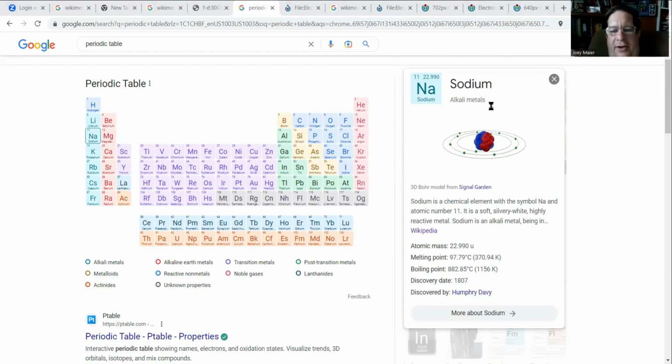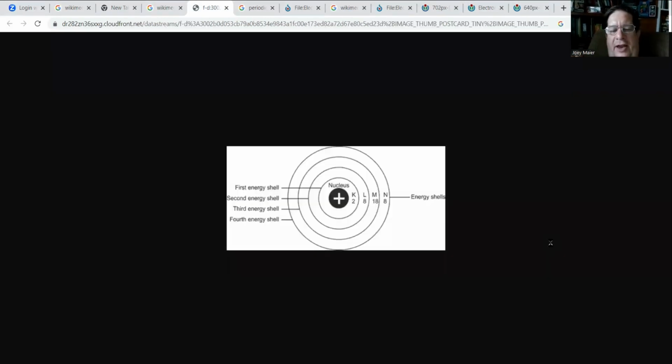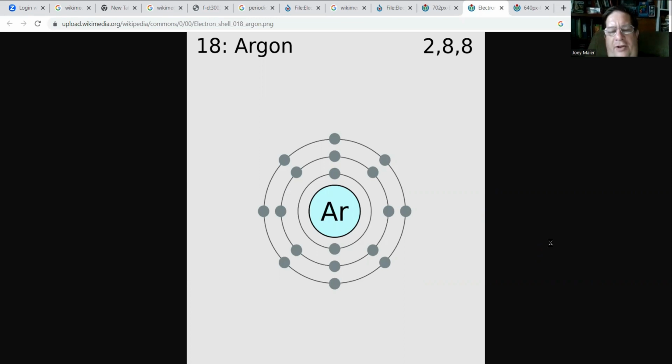All right. I've already said the first layer can hold a maximum of 2. The second layer can hold a maximum of 8. The third could hold a maximum of 18. Let's look at argon here. 2 in the inner layer, 8 in the second layer, that's 10. 8 in the third layer, the very outside layer, the valence layer.